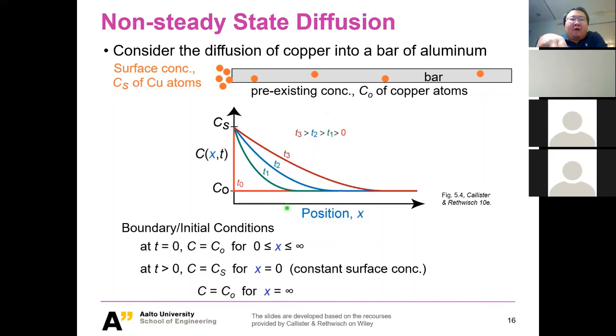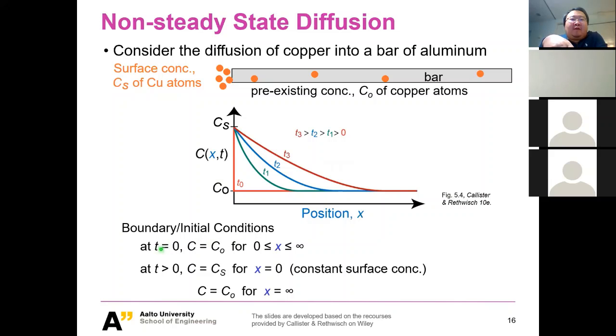If you describe it mathematically, here you have Cs, the surface concentration of copper atoms, and then you have C0, which indicates the concentration of your medium, the infinite medium. So for such a non-steady state, a special non-steady state diffusion, you could write two boundary conditions.